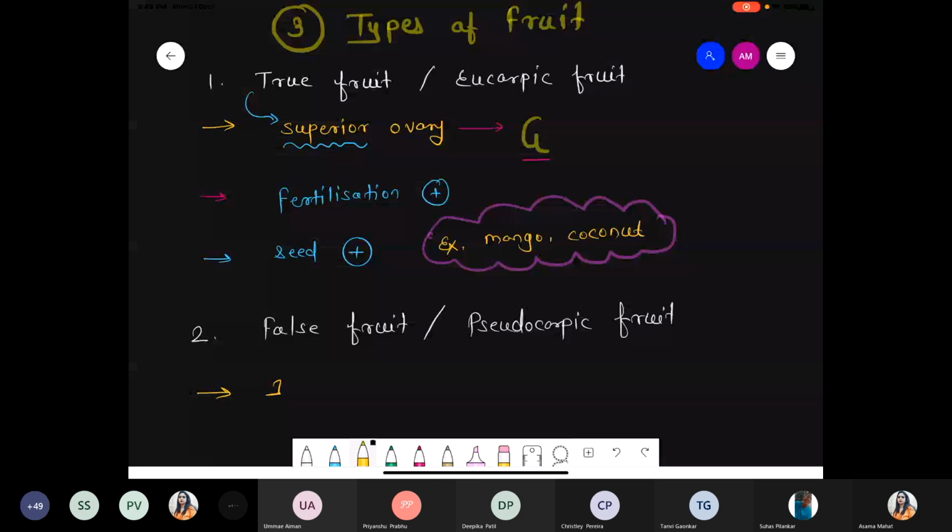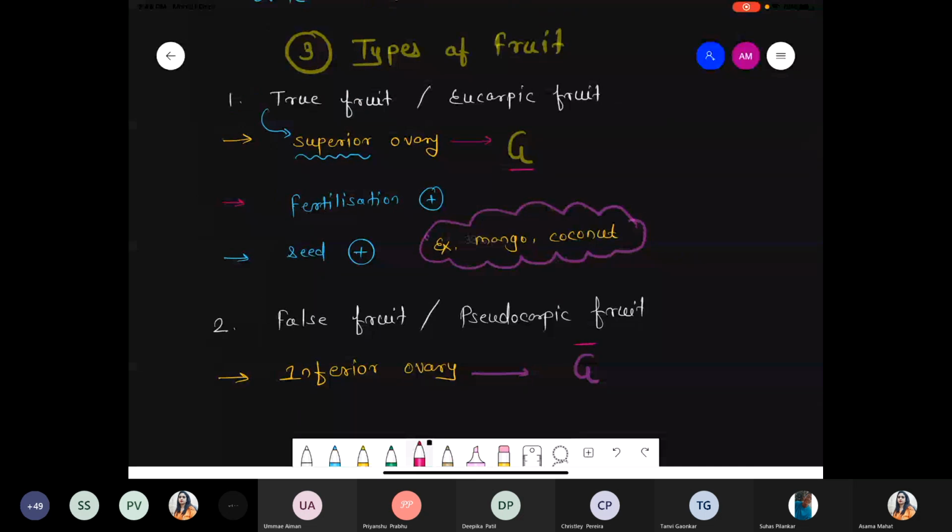In the false fruit, an inferior ovary is present. I hope you remember when we talked about the epigynous condition, we discussed the inferior ovary, represented by capital G for the gynoecium, with the bar present above on top. Such a condition is called the inferior ovary.